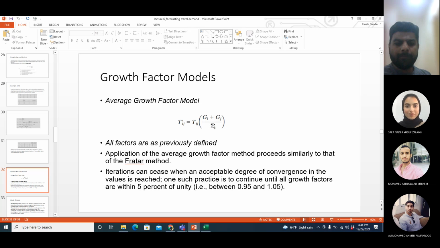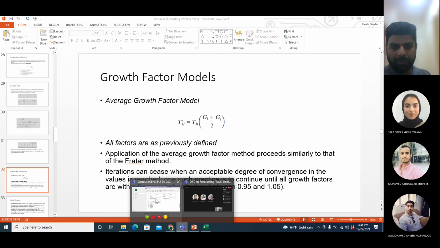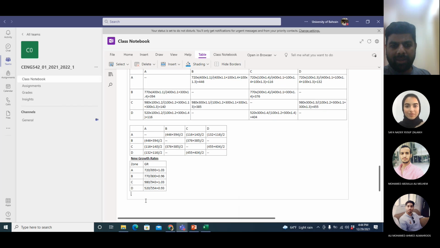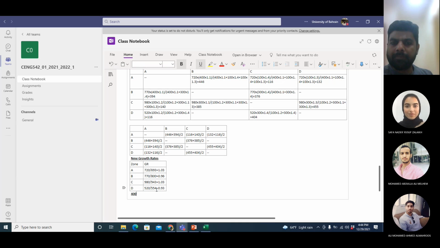So for example, I'm just giving an example. Let's say I want to calculate the number of trips between A and B. The current number of trips between A and B is 400.